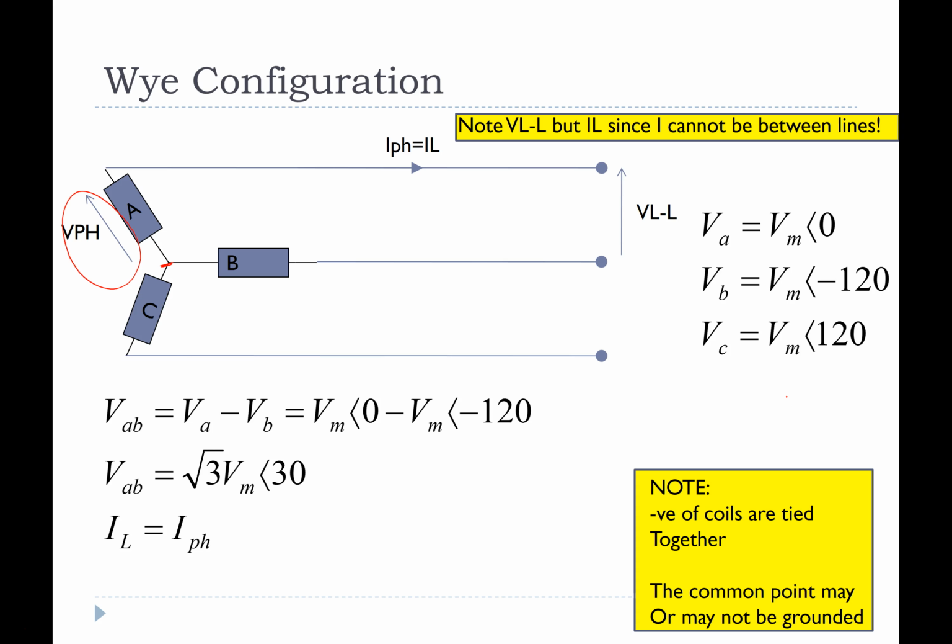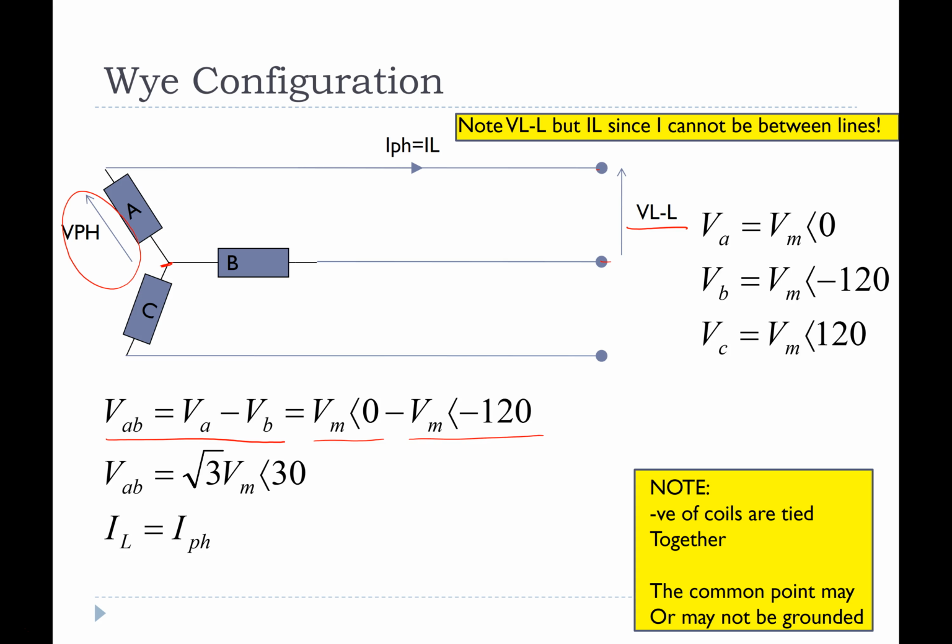And if we want the line-to-line voltage, that will be the voltage between A and B. This will simply be VA minus VB. And looking at the whole phasor, Vm angle 0 minus Vm angle minus 120.